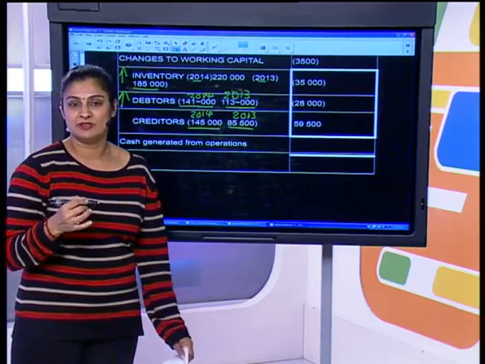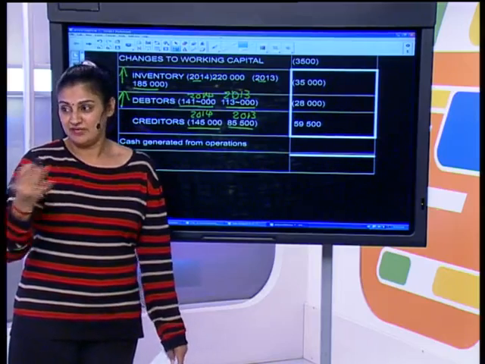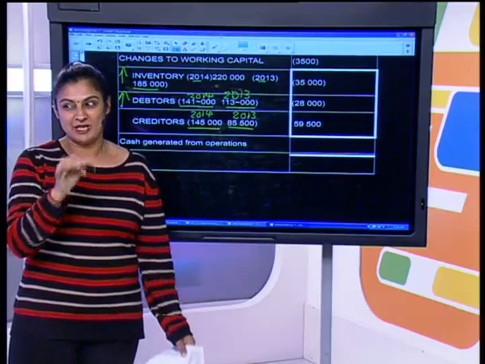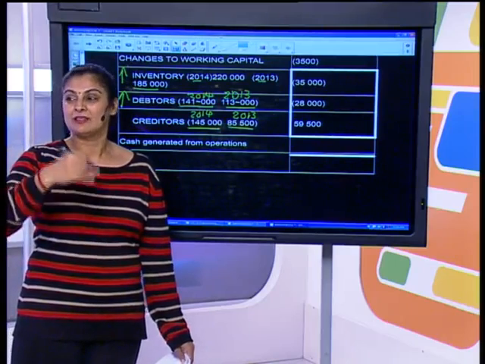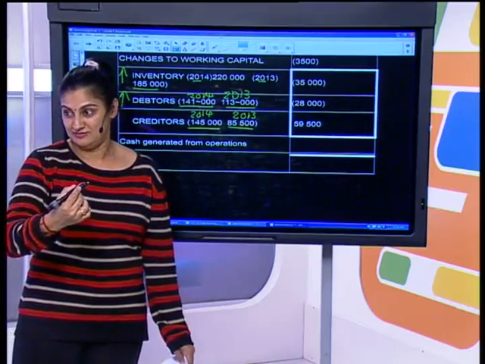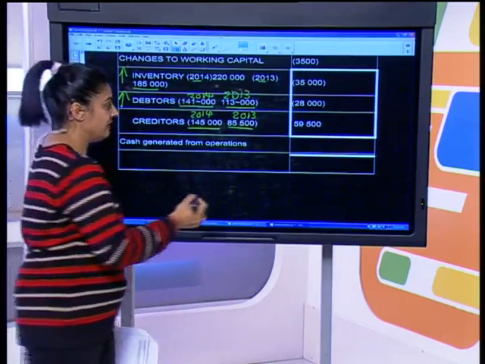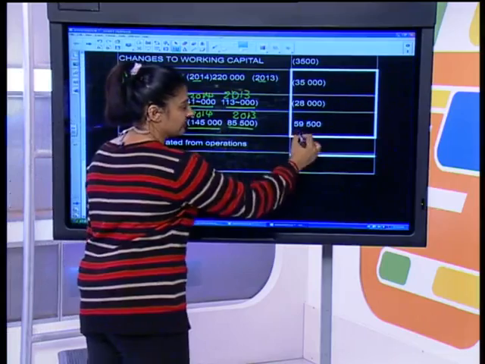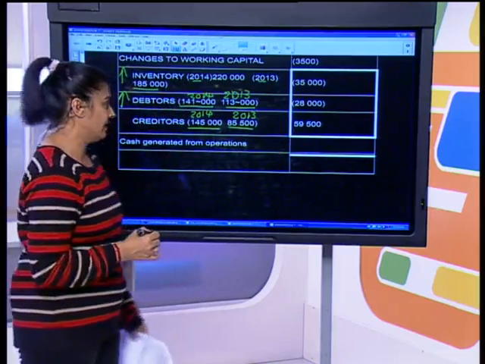Some of you might be thinking, and I'm sure Abram is probably thinking, the longer I take to pay someone, why is that better for liquidity? Because the money is sitting in my bank account. So the longer I take to pay my creditors, the better it is for liquidity, and the better it is for working capital. So therefore, this difference is considered to be an inflow of cash. That money is staying in your bank account.